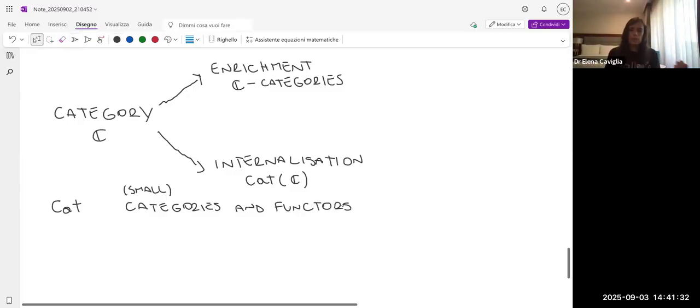And now we can say what happens if we enrich over this category. So what happens when we consider categories such that their homs are categories, right? So we can consider Cat-categories.